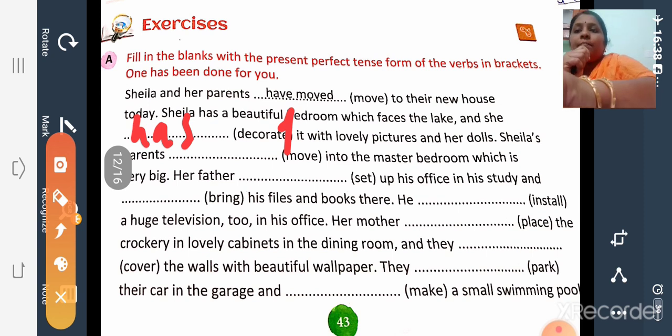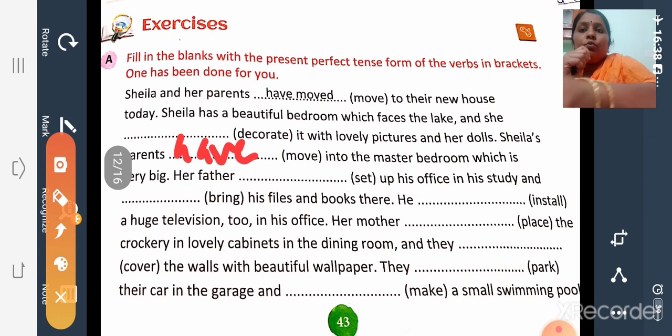Sheila's parents plural, so have moved into the master's bedroom which is very big.